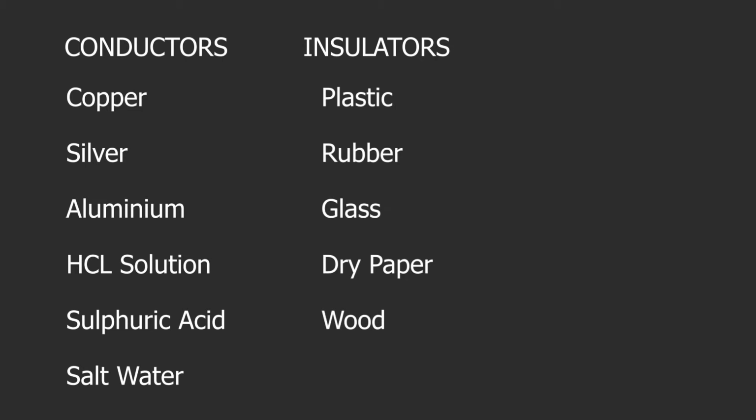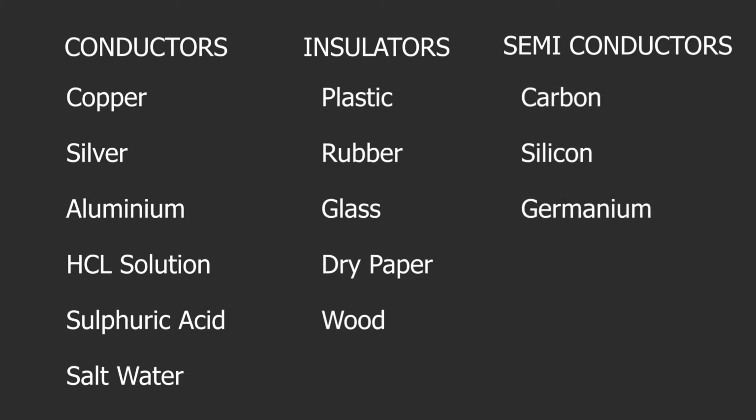Another type of material, semiconductors, have characteristics of both conductors and insulators. They allow electrons to move while being able to control the flow of electrons, and examples are carbon, silicon and germanium, etc. The resistance of a conductor depends on 2 main factors, that is, the type of material and the temperature of the material.